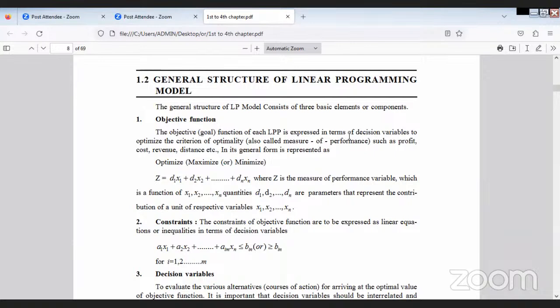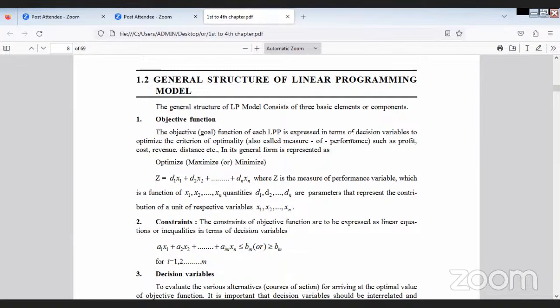Okay sir. The general structure of linear programming model. The general structure of an LP model consists of three basic elements or components. Objective function. The objective function of each LPP is expressed in terms of decision variables to optimize the criterion of optimality, and is also called the measure of performance, such as profit, cost, revenue, distance, etc. In its general form, it is represented as optimize, maximize or minimize Z = d1x1 + d2x2 + ... + dnxn, where Z is the measure of performance variable.